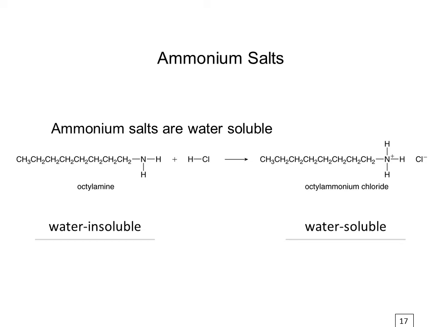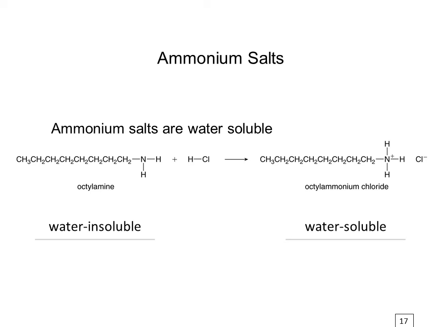Ionic things are water soluble, and ammonium salts are ionic, so they're very water soluble, even though they sometimes have lots of carbons in them. If I look at the octylamine on the left, you can see that would be a water insoluble compound because there are so many carbons in it.